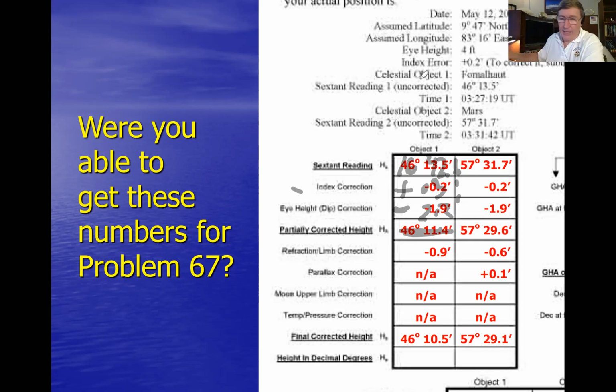Now, we aren't finished yet because we need to worry about the refraction correction. So we go back here to page 246 again, to the middle columns, the ones for the stars and the planets. We want the regular CORR numbers, not the additional correction. We come down here and look for 16 degrees and whatever minutes that worked out to be.